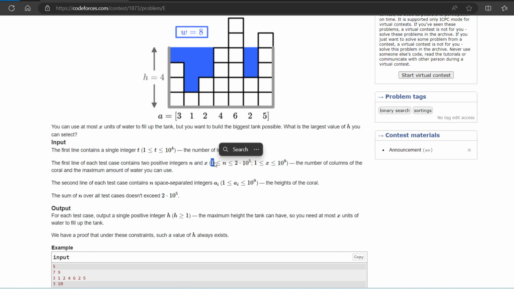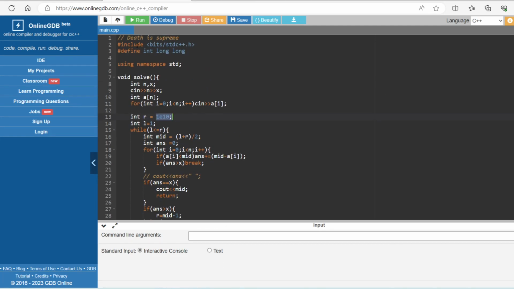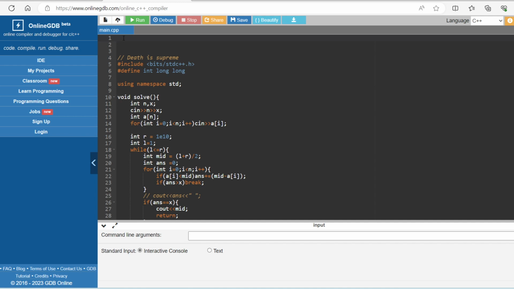So there is no possibility of h equal to 0. You could easily see the possibility: if 0 is possible, 1 is possible, it would completely give true, true, true, true, and after a certain value it would be false, false, false.